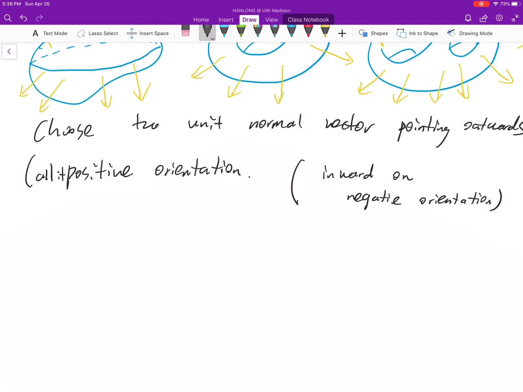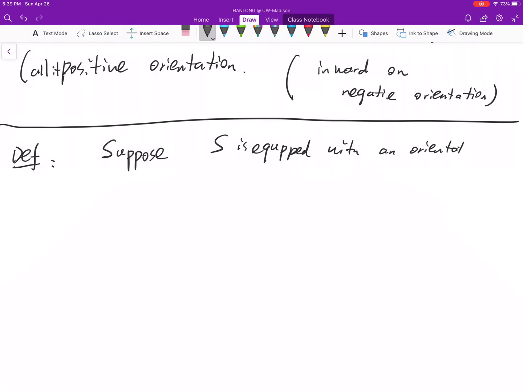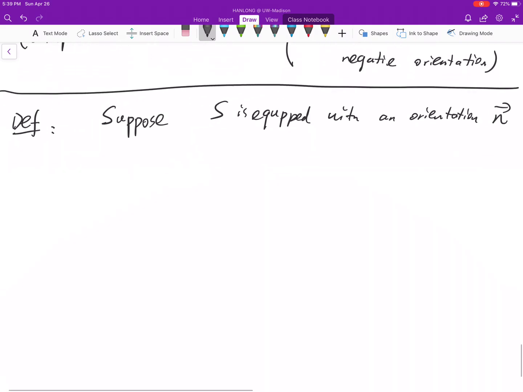Okay, now we turn back to the original definition. We can give a very rigorous definition now. So suppose S is equipped with an orientation n, which is a unit normal vector.